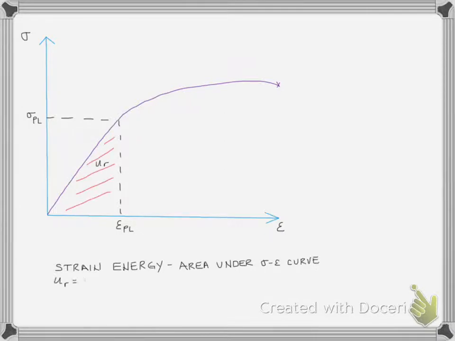And here we can look at the area, which I've just dashed in red, and that area, which is just a triangle, would be the modulus of resilience. And so the modulus of resilience is a measure of how much energy it can take before it yields, how much energy you can get back out.